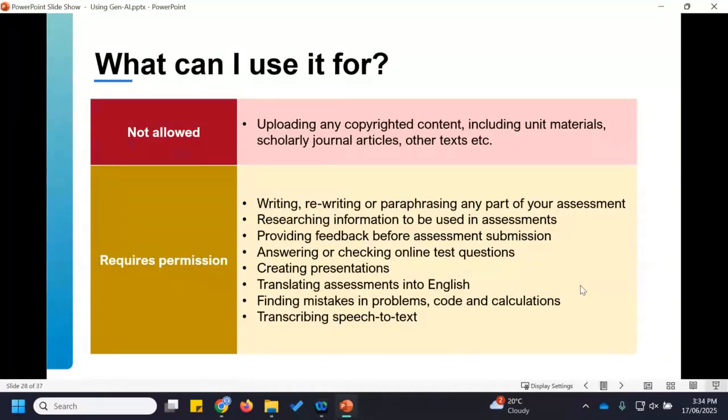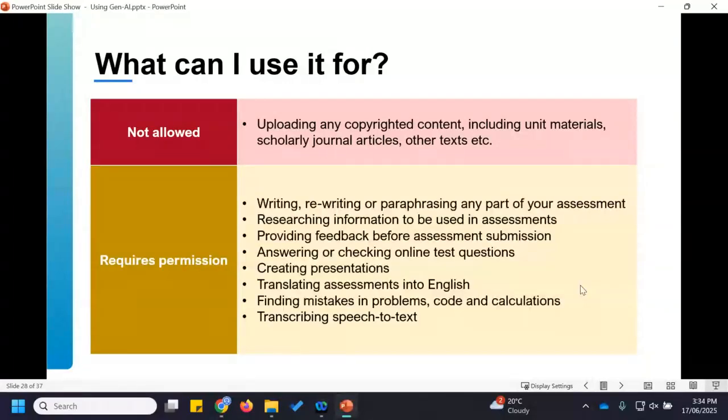So what requires permission? Any part of your assessment, writing it, rewriting it, paraphrasing it, summarizing it, anything that you're going to submit into Turnitin, you need permission for. Researching information to be used in assessments, you need permission.